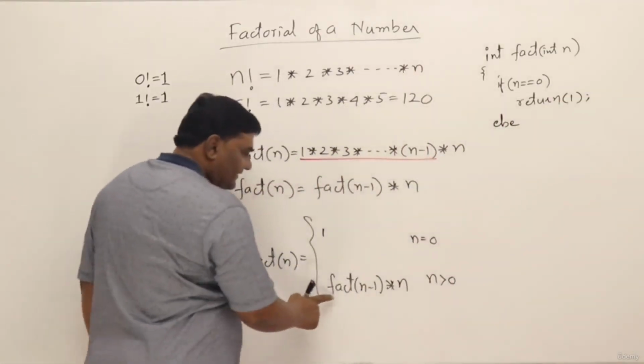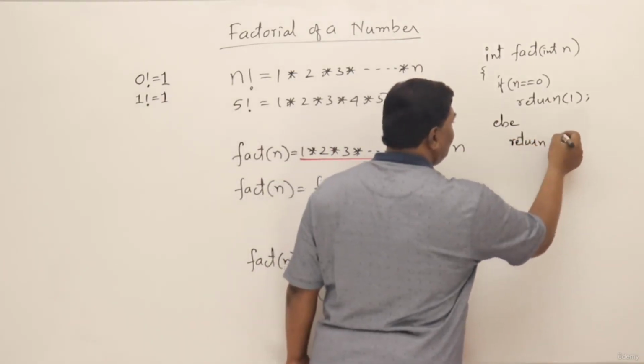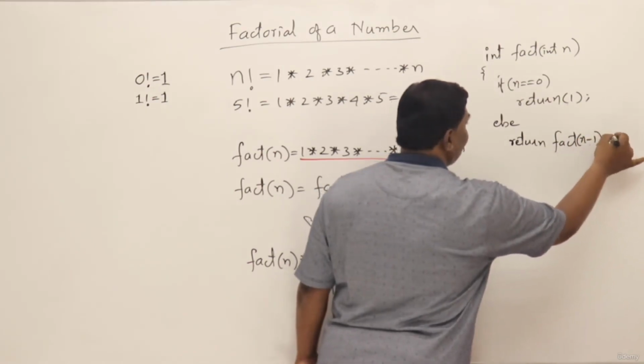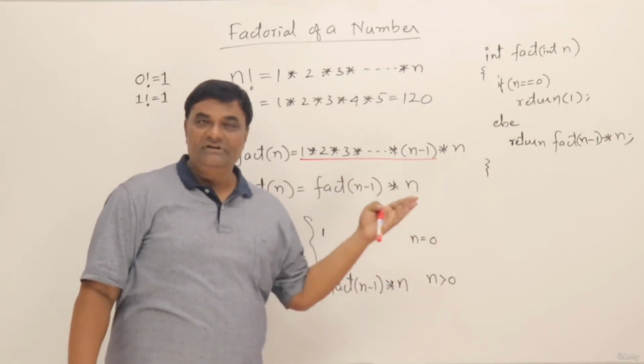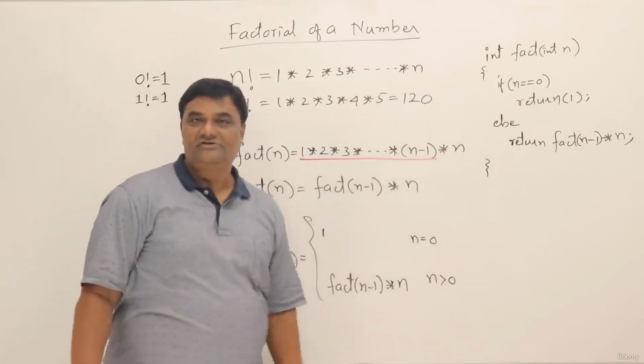Else, return factorial of n minus 1 into n. So writing a recursive function is so easy, you can directly convert a formula into a recursive function.